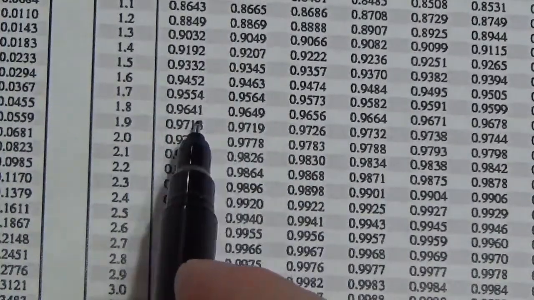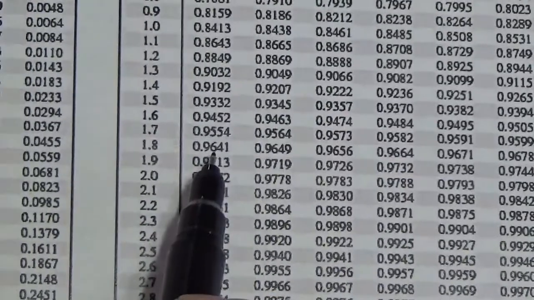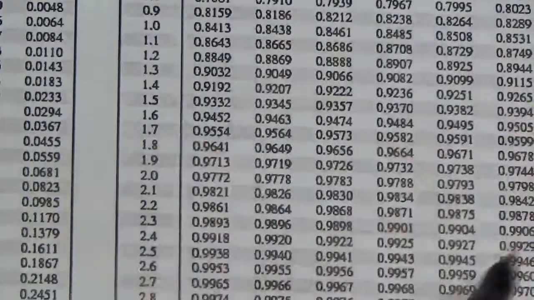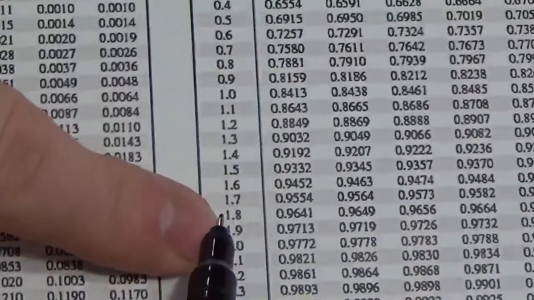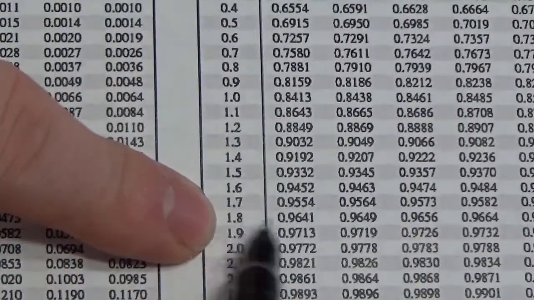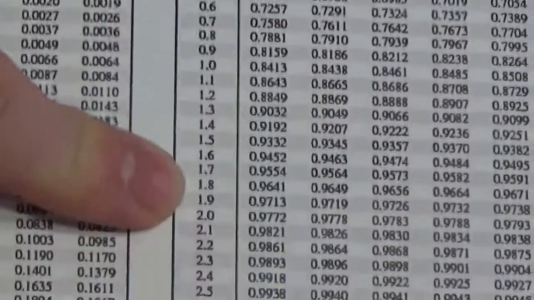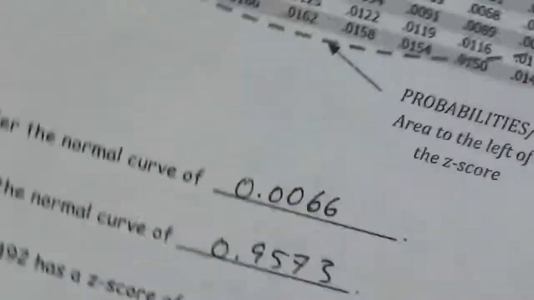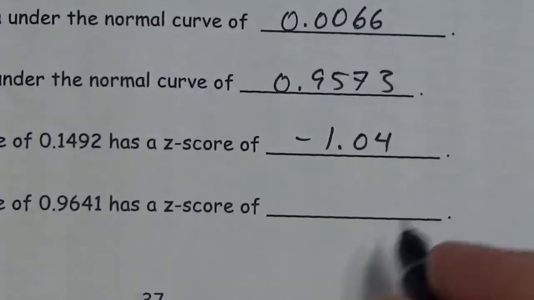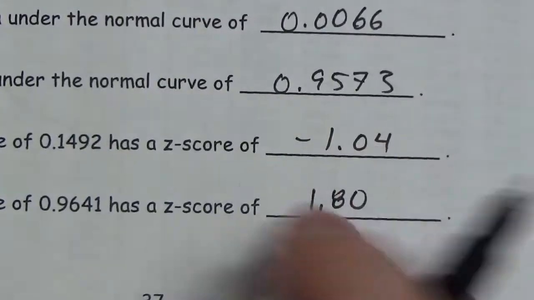Okay, well, that actually jumped right out at me when I just glanced at the table, my eye went almost immediately to that. So this is easy enough to read here, 1.8. And then we go up the column 0. So positive 1.80 will be the answer to that question. Positive 1.80.